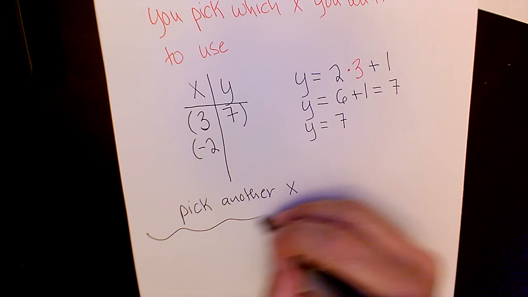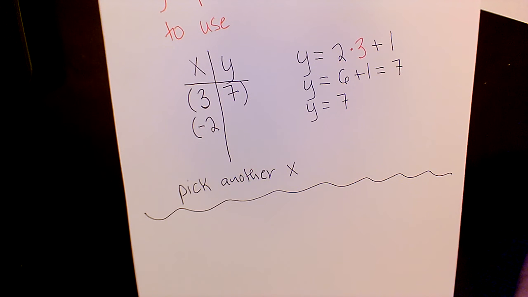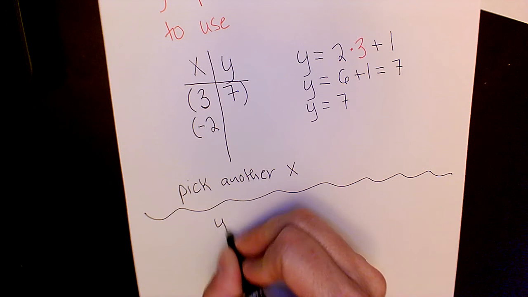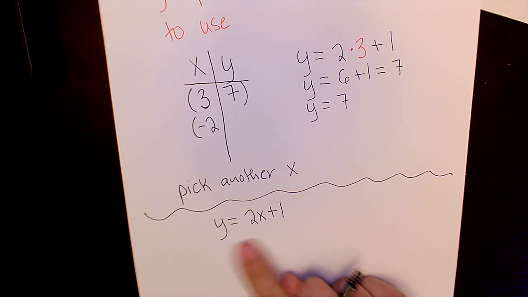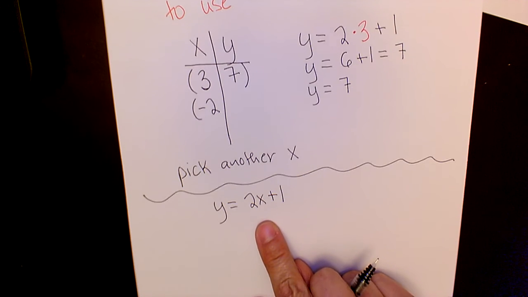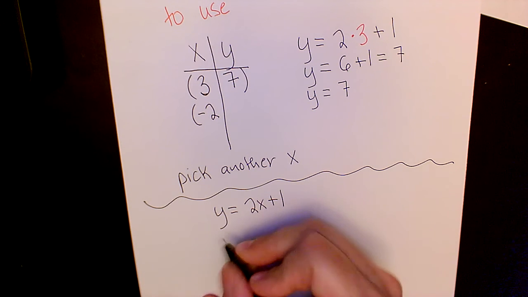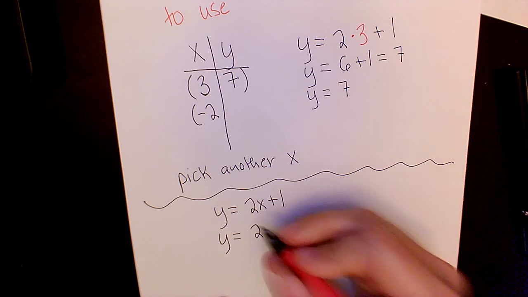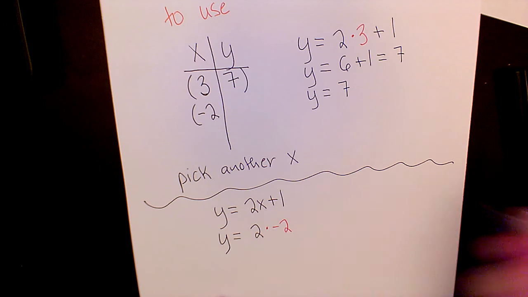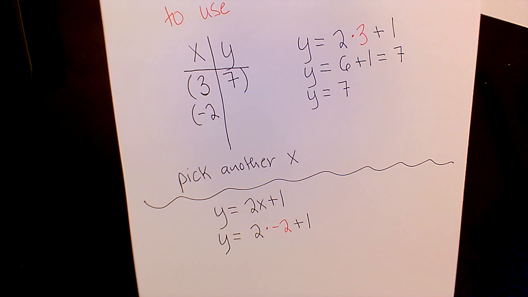So I'm gonna do the same thing, and I'm gonna plug -2 into my equation. This is still my equation, and I'm going to plug in -2 in for x now and work it out. Let's see what this y is going to be.